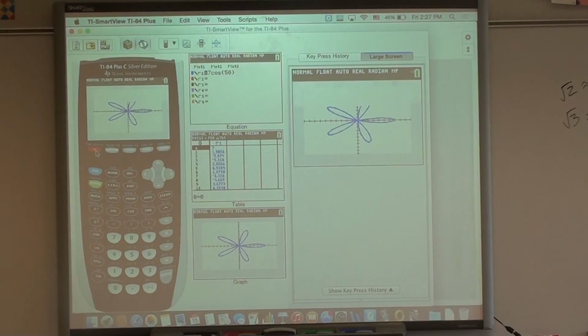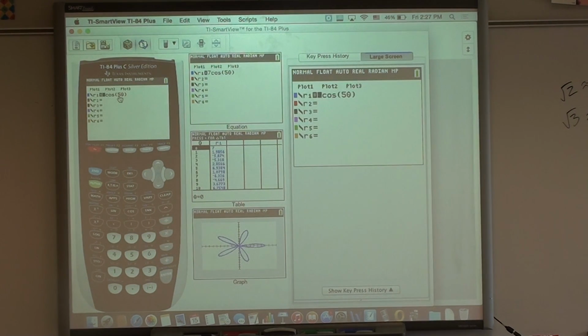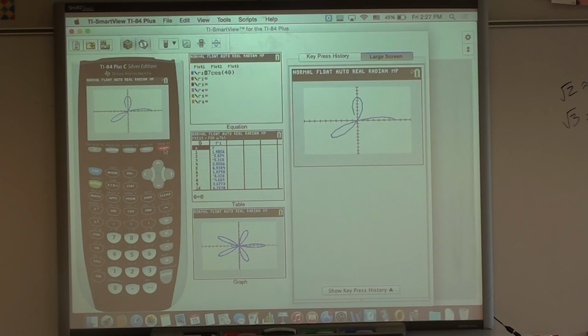So if we do cosine, say I make it 4. Yeah, and it is double. So there you go, you got an 8-petal rose with cosine 4 theta. Okay, alright, so that's it.